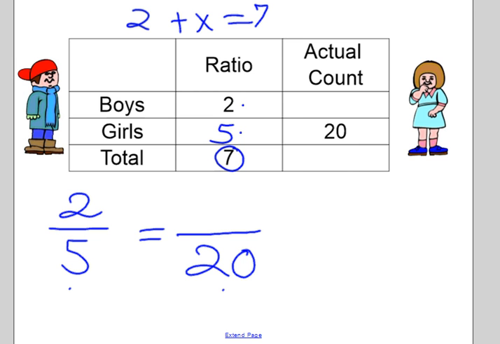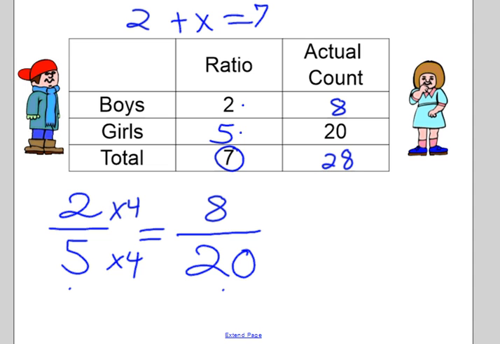We're able to solve. We can see the relationship between 5 and 20. We're going to multiply by 4 on both, and we're going to get a total of 8. And then our actual count, our total, should be 28, and we can double check our work by solving for this.